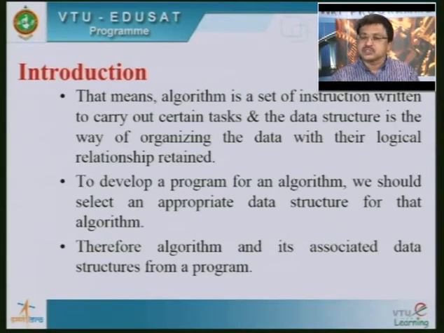That means an algorithm is a set of instructions written to carry out certain tasks, and the data structure is the way of organizing the data to see that those tasks are done efficiently by maintaining the logical relationship between the elements. To develop a program for an algorithm, we should select an appropriate data structure for that algorithm. So, please remember, algorithm and its associated data structures constitute what we call a program.